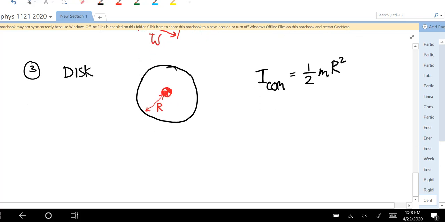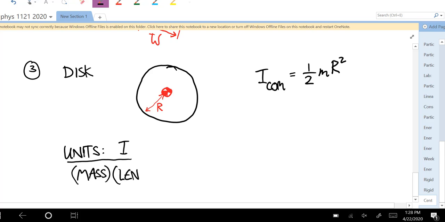The units for mass moment of inertia are, well, you can figure it out from the formula. It's going to have units of mass times units of length squared. And so in SI units, that's kilograms meters squared.